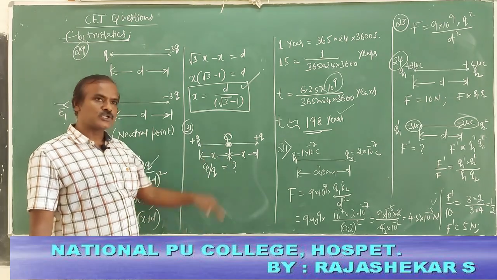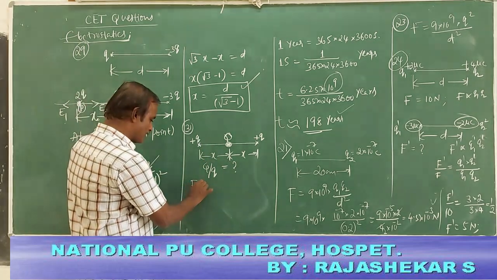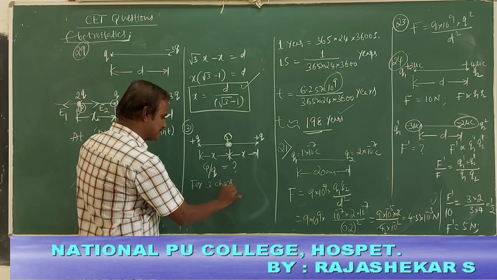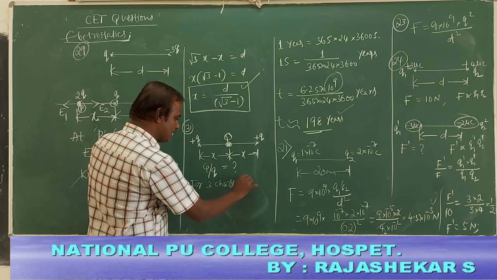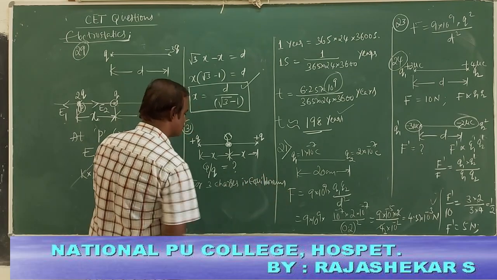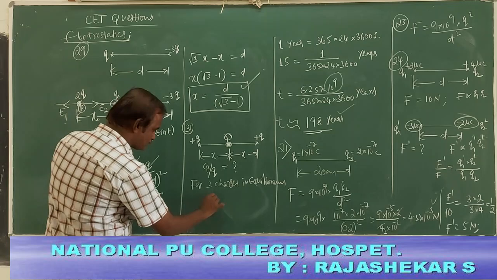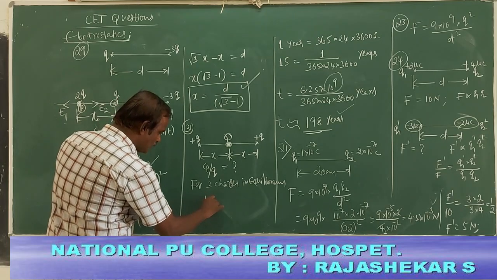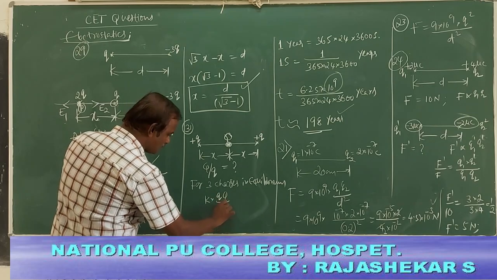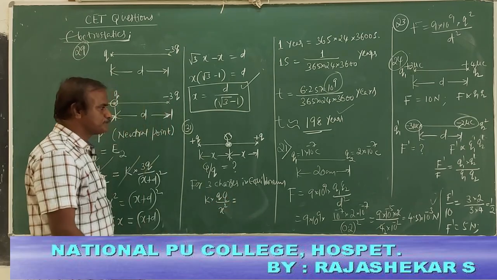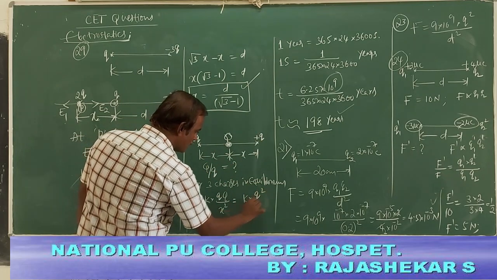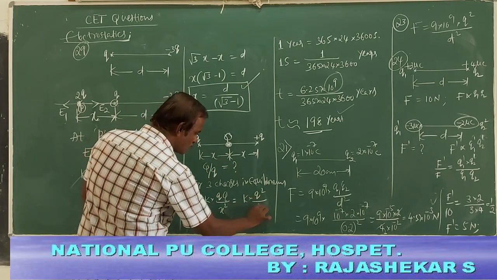For the three charges to be in equilibrium, students, K into Q into q divided by x square will be equal to the force between these two, K into Q square by 2x whole square.